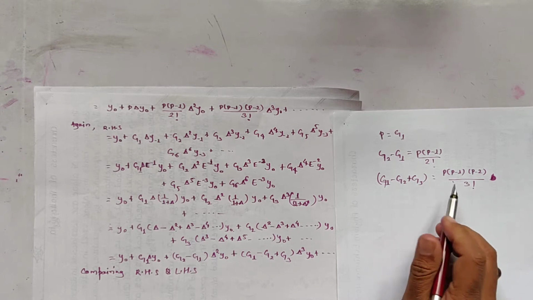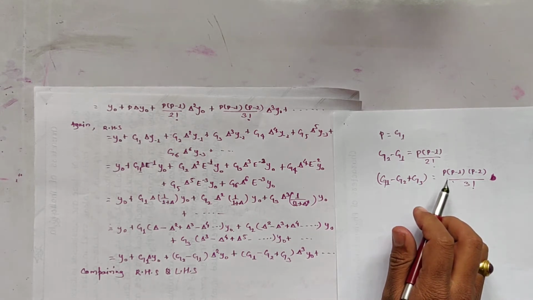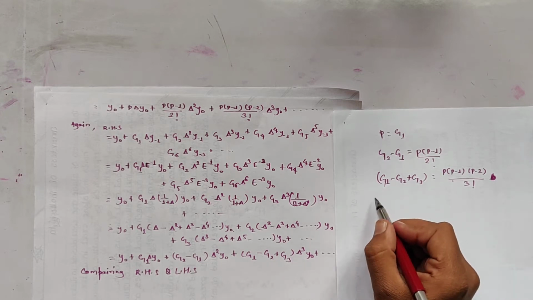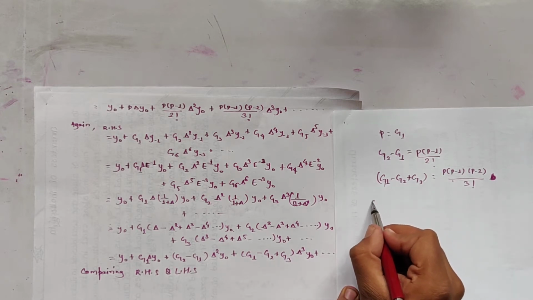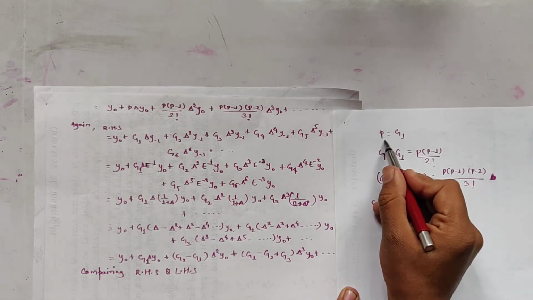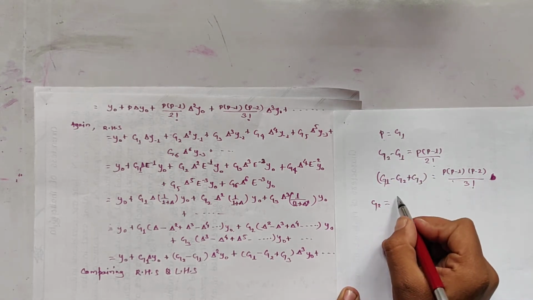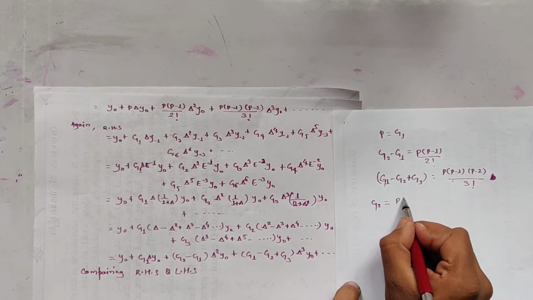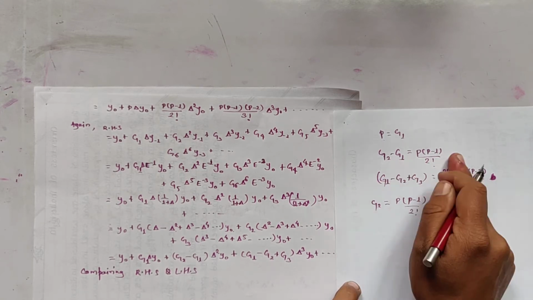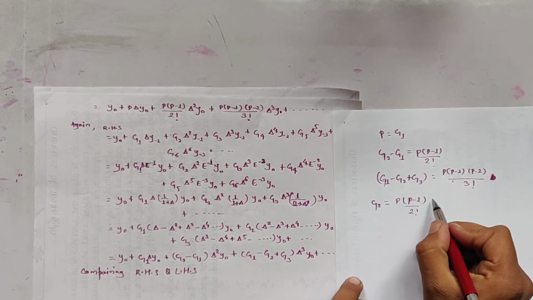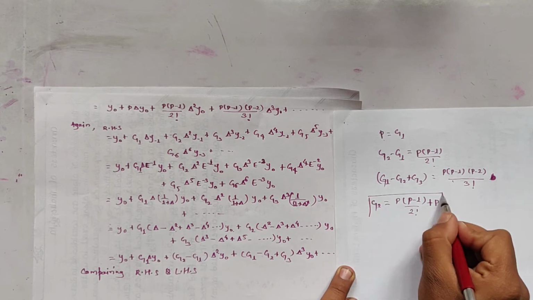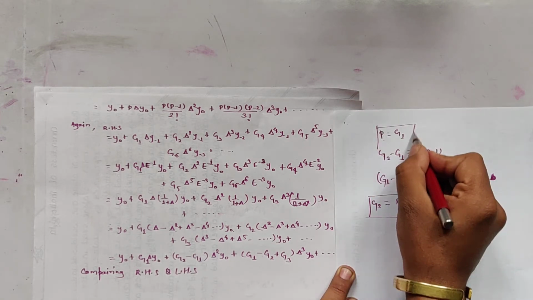Now we have to find the value of this. G2 is equal to, what is the value of G1? It was P, so G2 equals P into P minus 1 by 2 factorial when minus G1 is moved to that side. So this is the value of G2 and this is the value of G1.